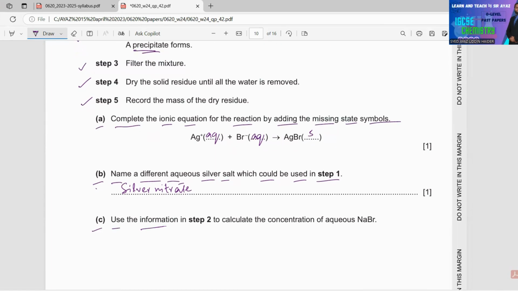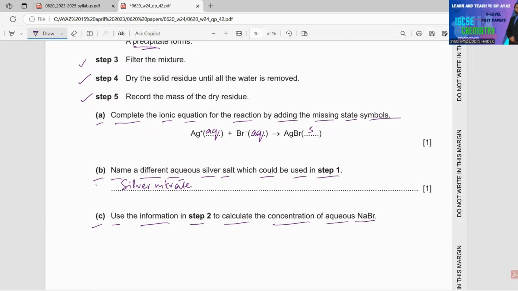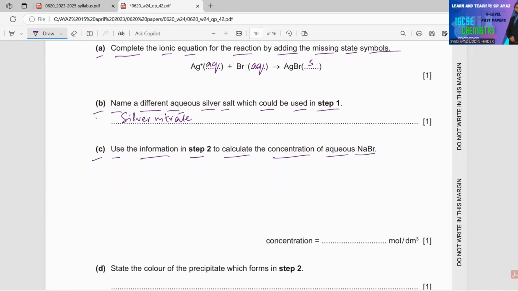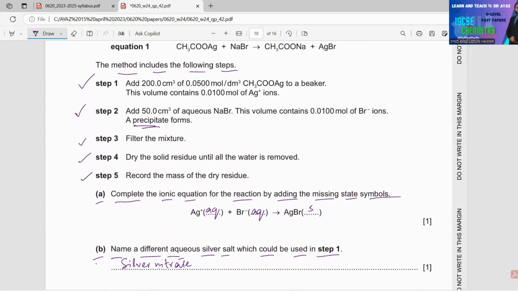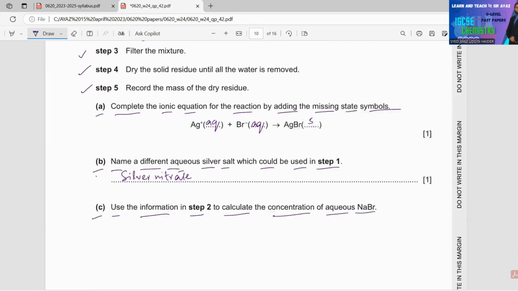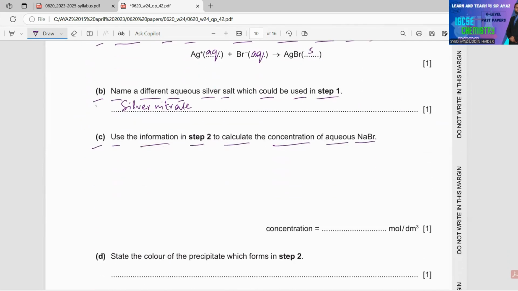C. Use the information in step 2 to calculate the concentration of aqueous NaBr. Now we need to calculate the concentration of NaBr. In step 2, they have added 50 cm cube of aqueous NaBr, and this volume contains 0.01 moles. So we need to calculate the concentration. Concentration means you have to calculate the moles per dm cube.